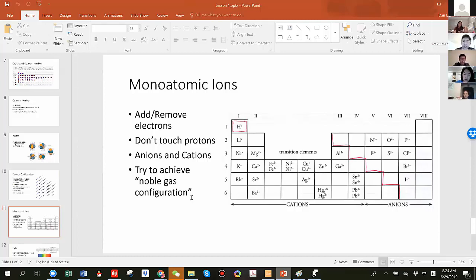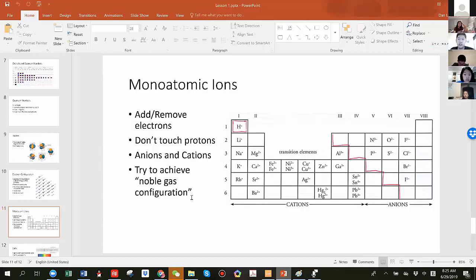To do this, we add or remove electrons. And this is really what chemistry is all about: the movement of electrons. If you eventually go on to study organic chemistry, you'll really see this, because when we draw mechanisms, we represent the movement of electrons using arrows.